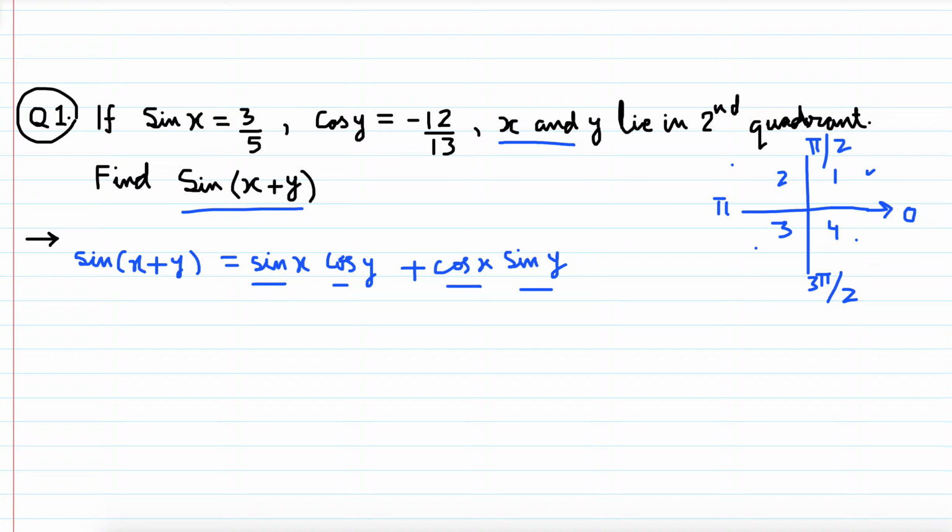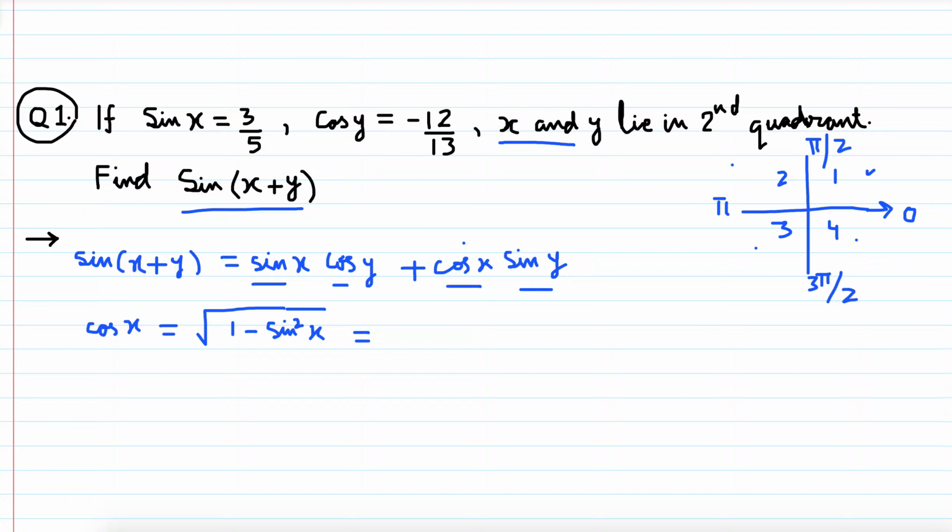So probably first we should calculate these missing values, that is cos x. So we know that sin square x plus cos square x is 1. So cos x will be 1 minus sin square x under root. And sin x is 3 by 5.